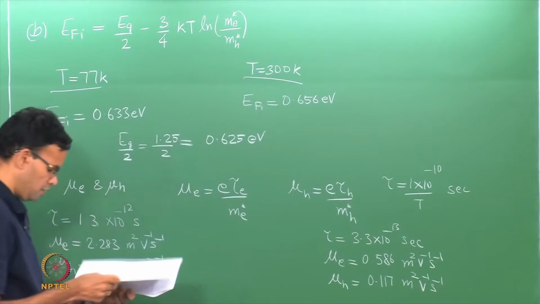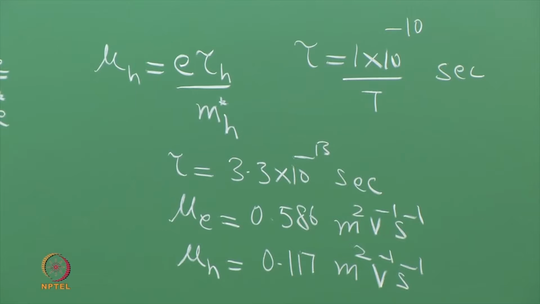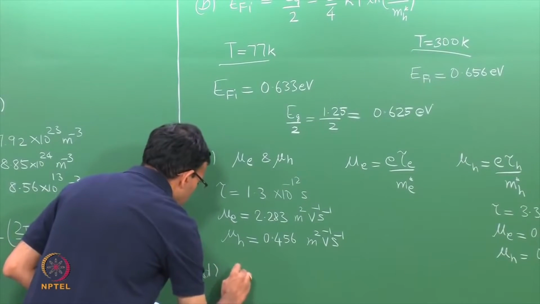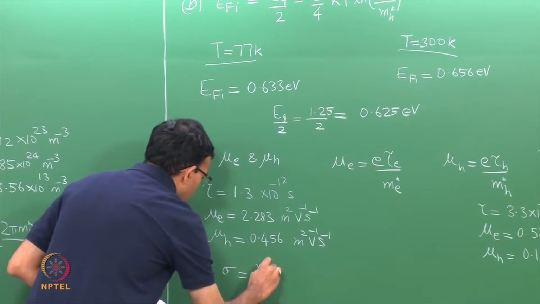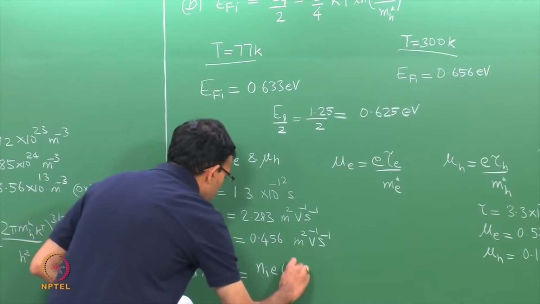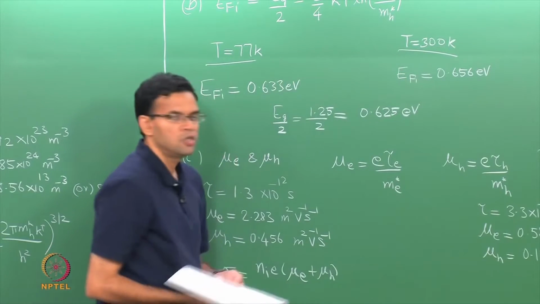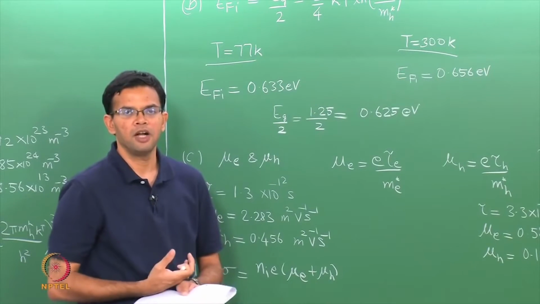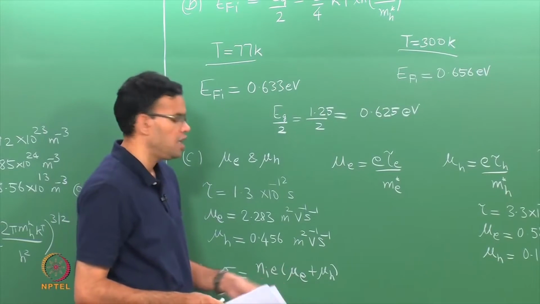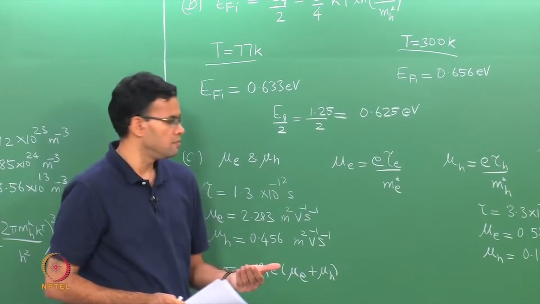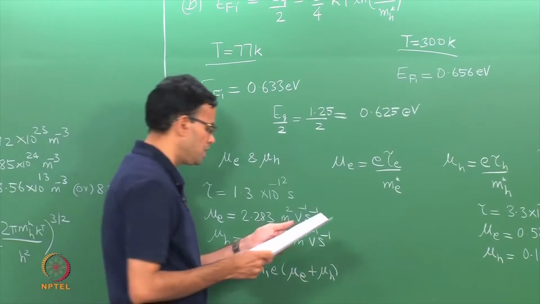So, the last part of the question, we want to calculate the electrical conductivity. Sigma is nothing but Ni e mu e plus mu h. So, Ni we got in the first part of this question, mu e and mu h we just calculated. So, we can just plug in the numbers.